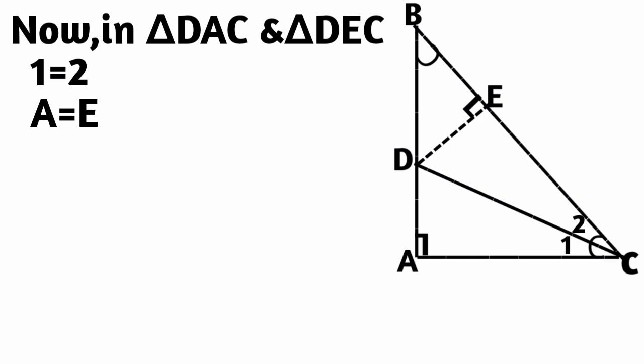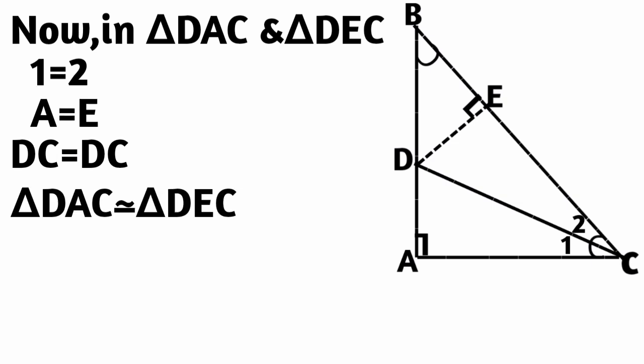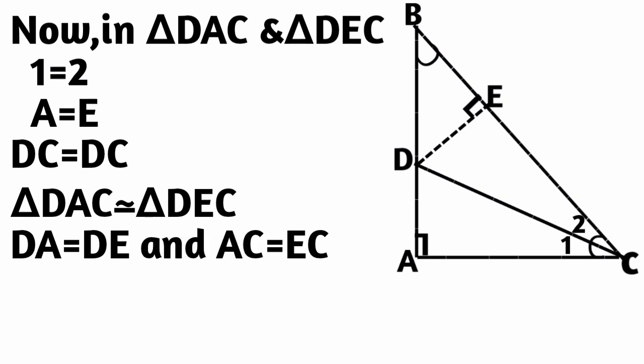Angle A is 90 degrees as well as angle E is also 90 degrees, because this is the perpendicular line to BC, and DC is the common side for both triangles DAC and DEC. So by the angle-angle-side criterion these two triangles DAC and DEC will be congruent, and so their corresponding sides DA is equal to DE and AC is equal to EC.